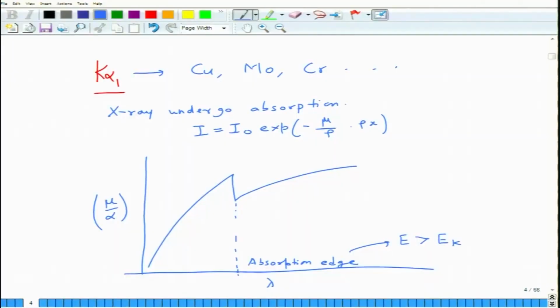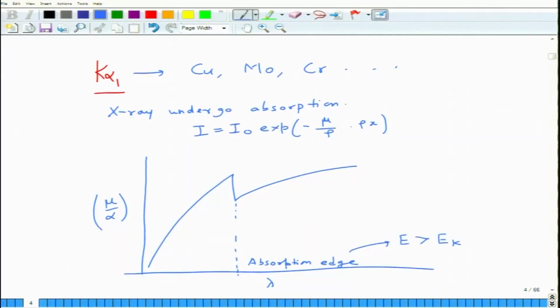So the moment its energy is higher than the K binding energy, it can eject a K electron, but at the same time the energy is absorbed, because now energy is spent in ejecting the K electrons. So the incident radiation will lose its energy.